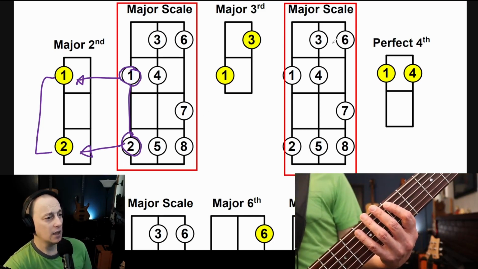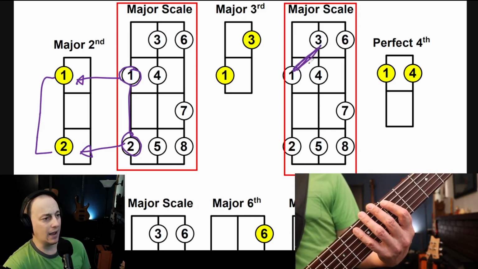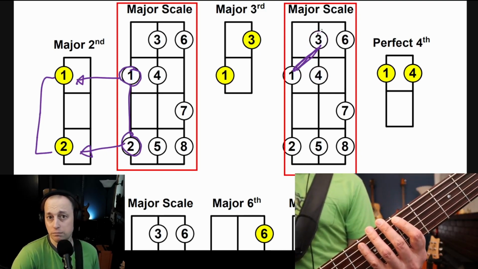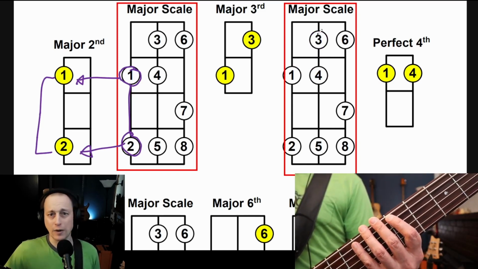Here I see, here's the distance between 1 and 3, right? How would you describe that? Maybe it's like 1 string up and then 1 fret back. We could describe it like that. Some people say they look like X's or L's or whatever.